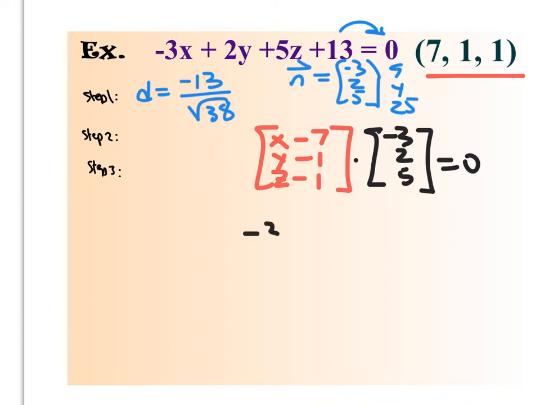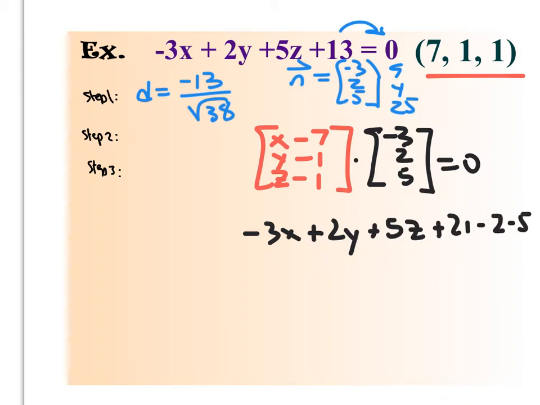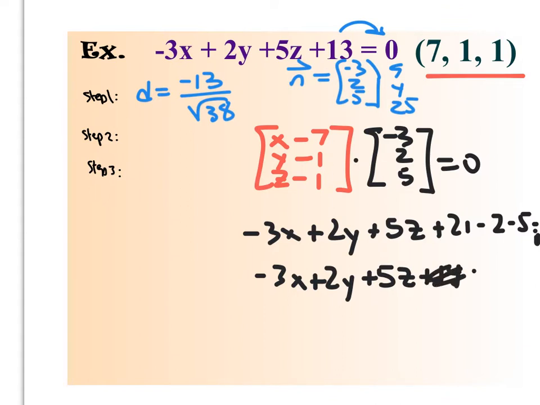So we get negative 3x plus 2y plus 5z plus 21 minus 2 minus 5 equals 0. So that's negative 3x plus 2y plus 5z. What is that going to be? Plus 14. So scratch that. I'm going to have minus 14 over here. Okay, I think we're good.